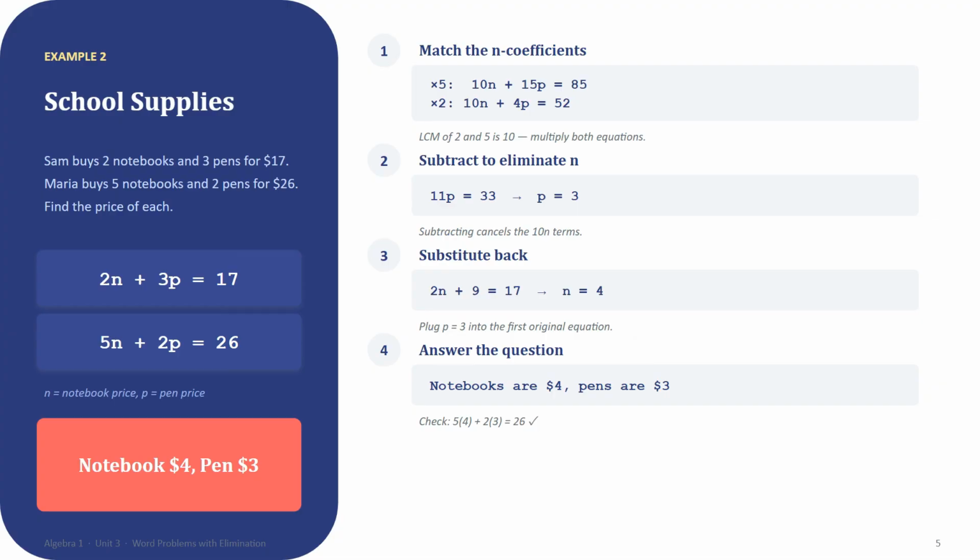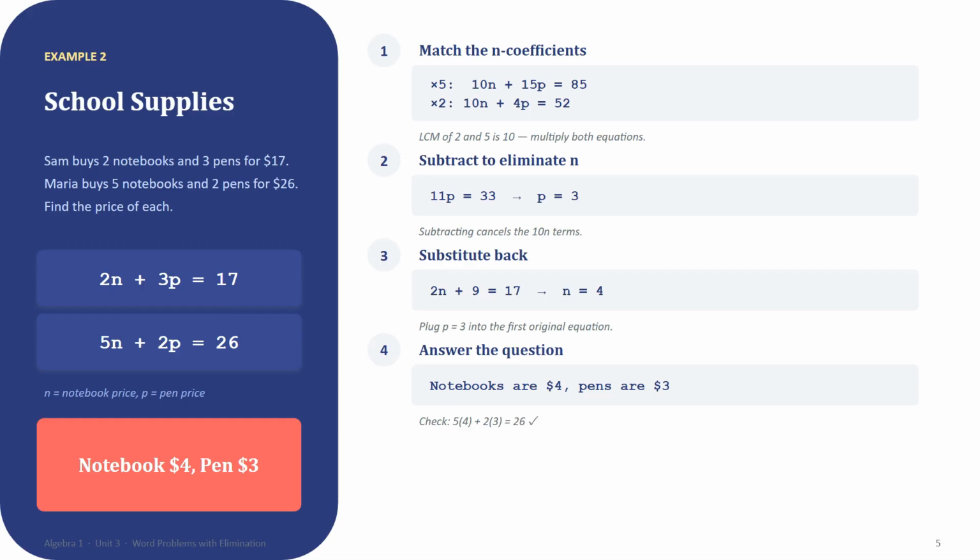The second step is to subtract to eliminate N. We eliminate the N and then we subtract 15 minus 4. That comes to 11P. And then we subtract 85 minus 52, and that is 33. Now we divide both sides by 11, and then P equals 3.